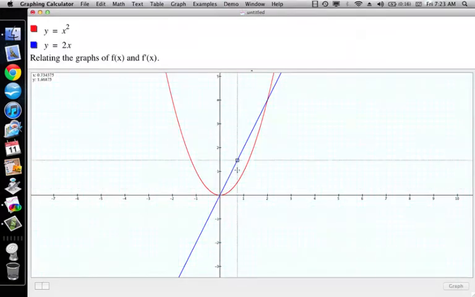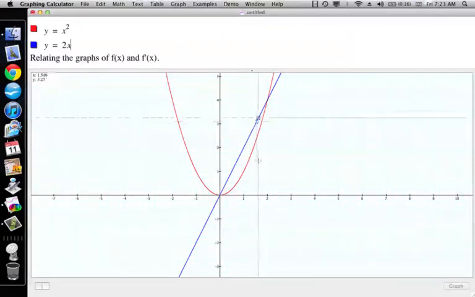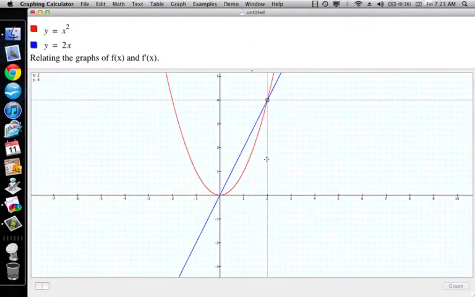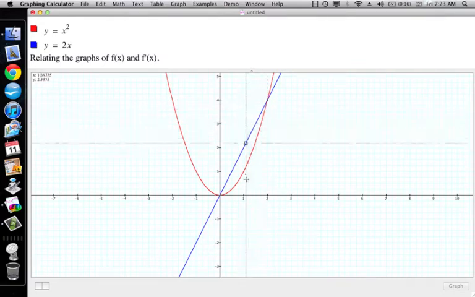Okay, and then similarly, if I go right here, the blue line has a y value of 4, which means that the red line, y equals x squared, has a slope of 4. So right at this point, the parabola y equals x squared has a y value of 4, plus it also has a slope of 4.